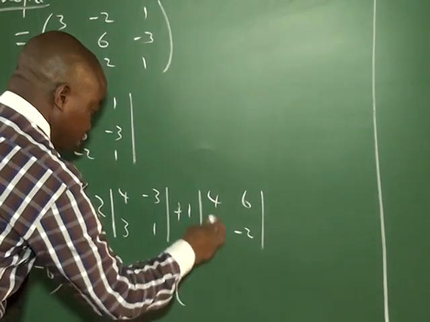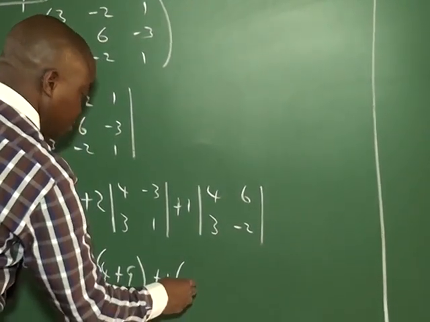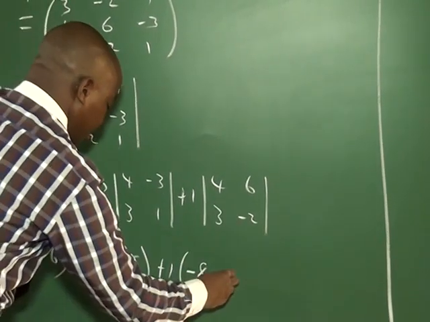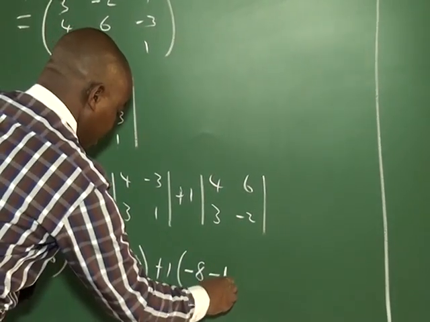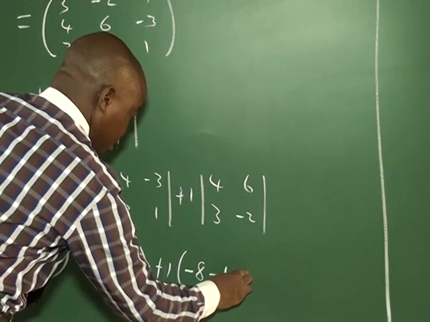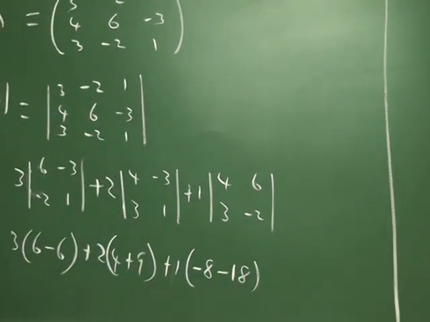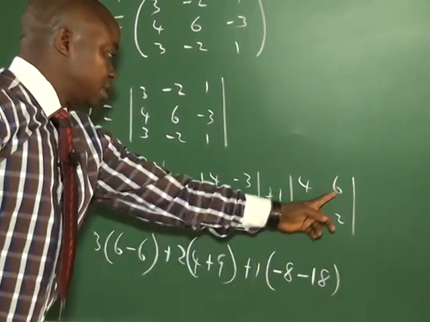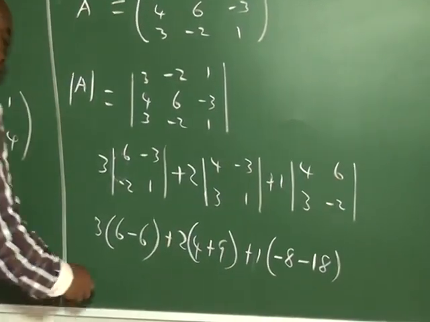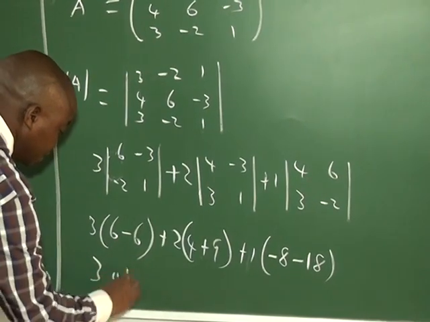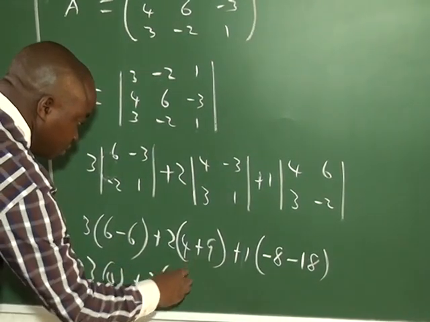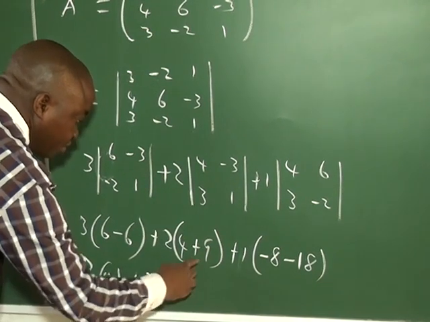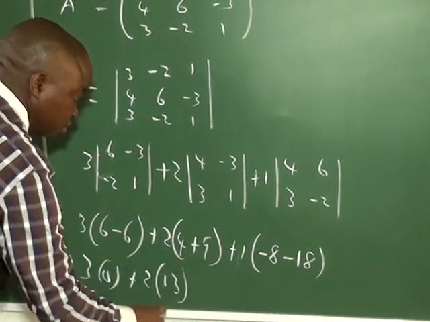Plus 1, we have minus 8, minus 18. Right? 4 times minus 2 is minus 8. And this is 18. And this will give us 3 times 0 plus 2 times 13. That's 4 plus 9.